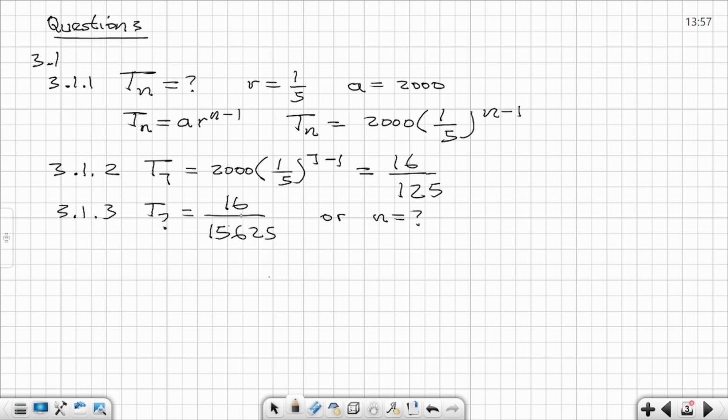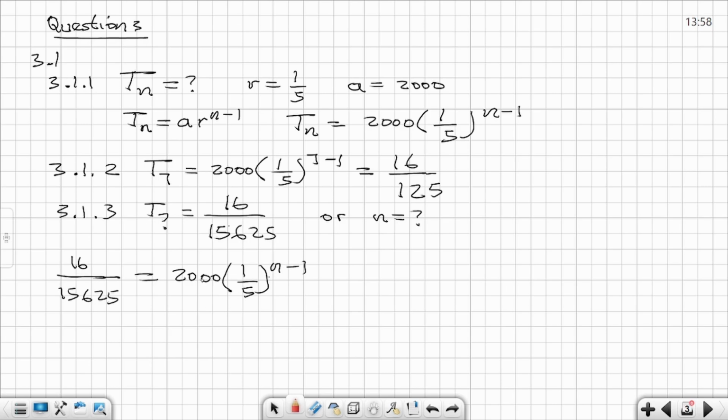Tn will be replaced with this value. So it will be 16 over 15625 is equal to 2000 times 1 over 5 in bracket to the power of n minus 1. Can you see it? So we're going to solve for n.